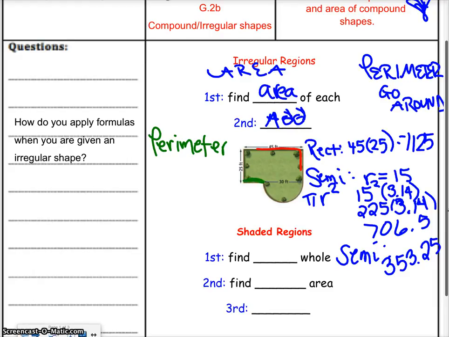But I can do it. So, 25 plus, or let me do a different color so you can see, I'm right here. 25 plus 45, so I added that, plus 25, so I added that. I'm going to deal with my circle later.